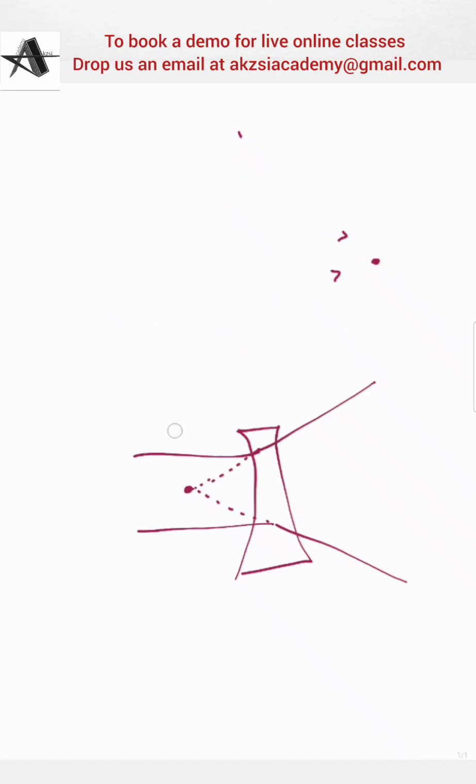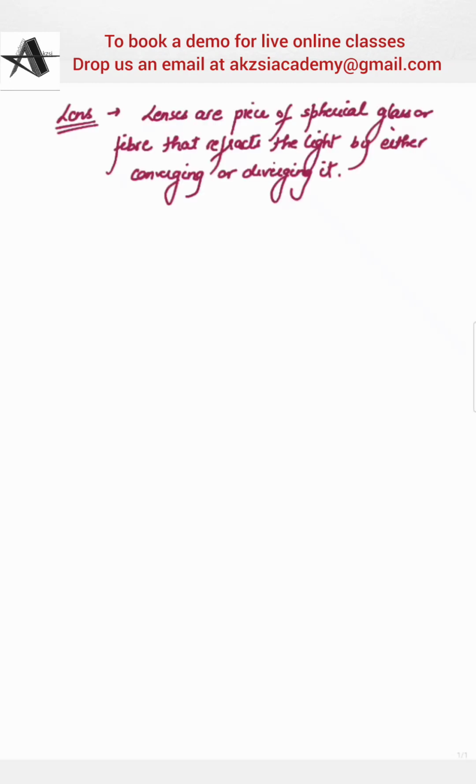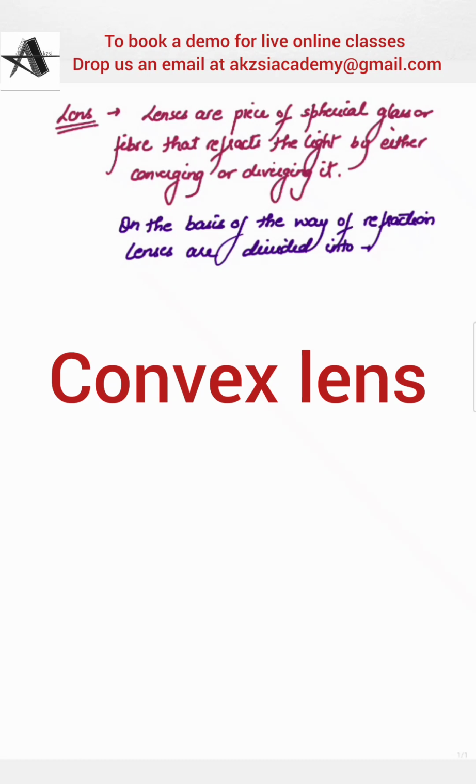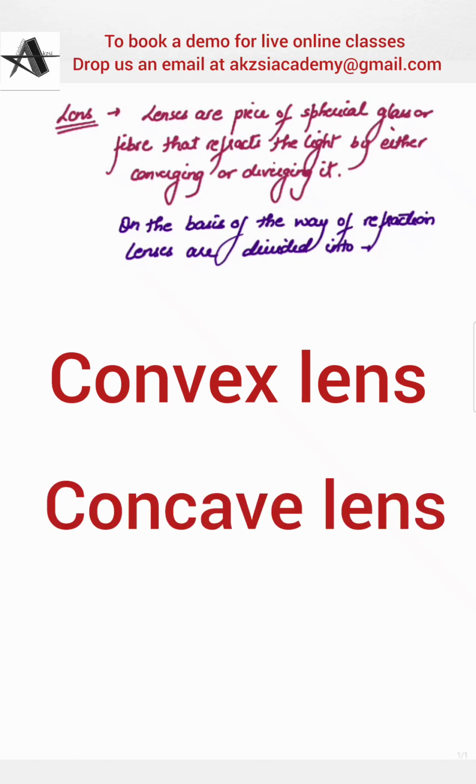This is basically what a lens is. So let me write down the definition of a lens. Lenses are pieces of spherical glass or fiber that refract the light by either converging it or diverging it. On the basis of how they refract the light, they are divided into two types. The first is the convex lens and the second is the concave lens.